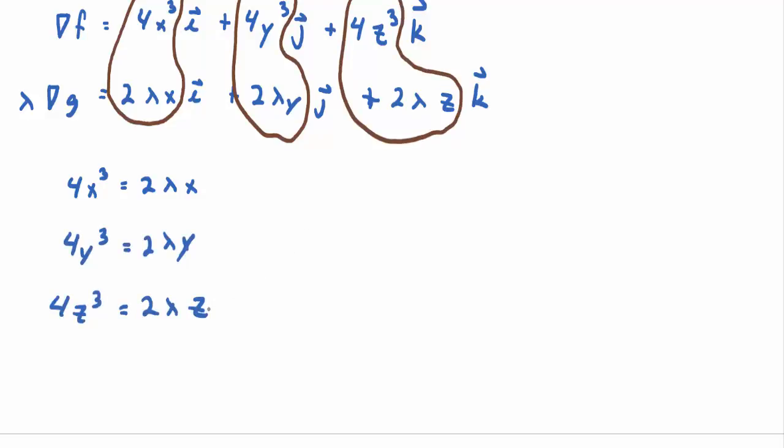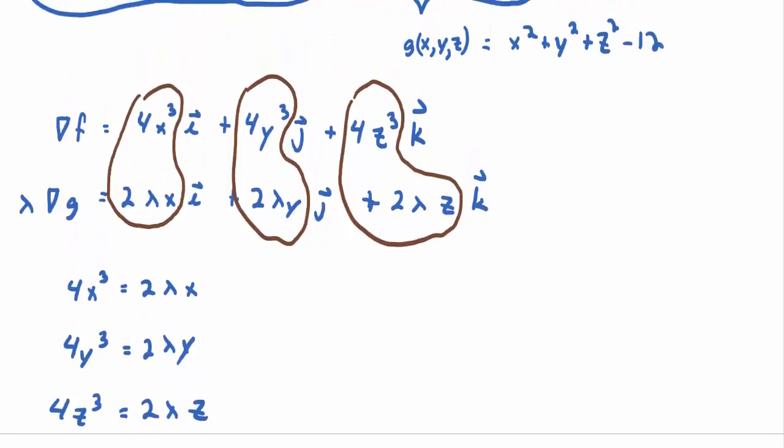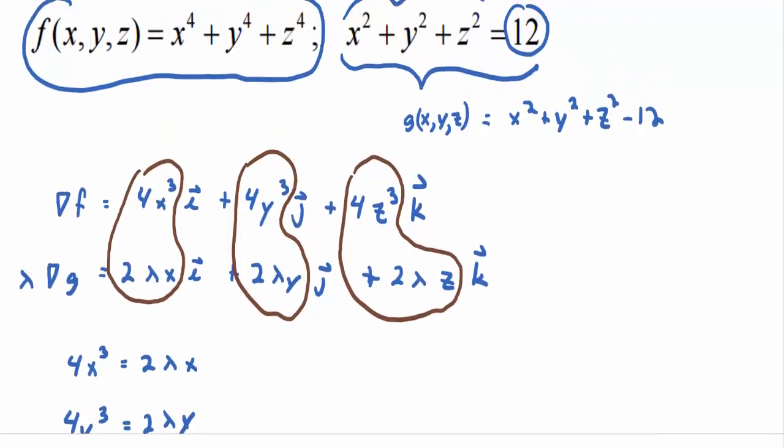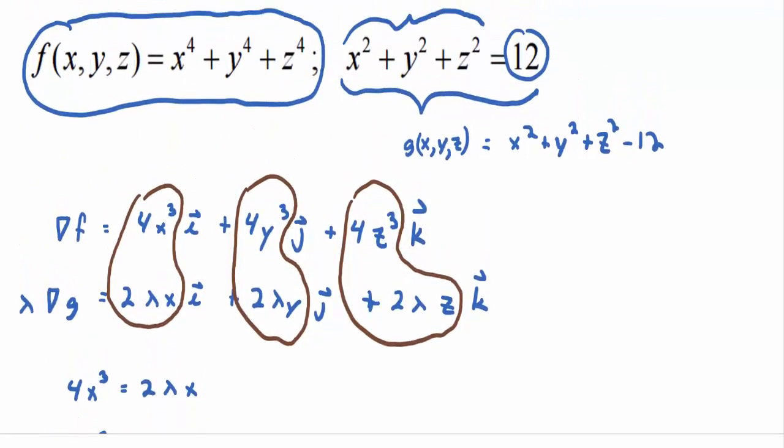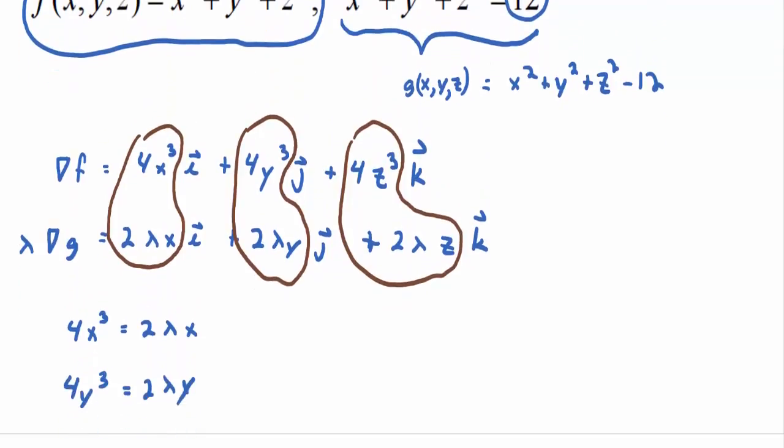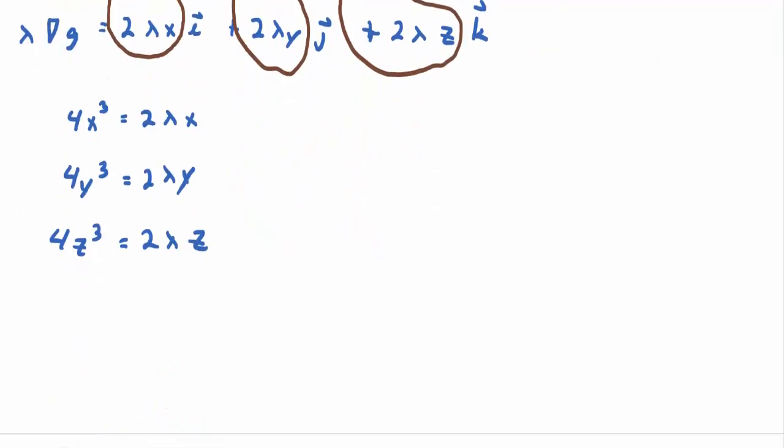What else should I write down with my system? This is a system of equations I've just created. The constraint is also one of those equations that must be satisfied, right? And you need that. I'll write down the first version of the constraint, the sphere x squared plus y squared plus z squared equals 12.